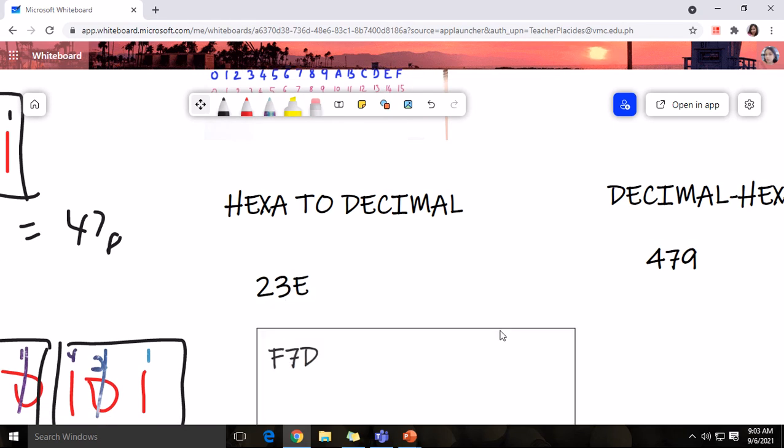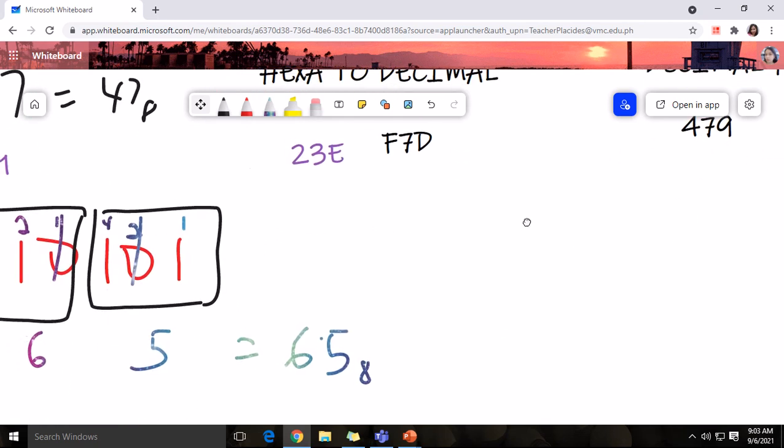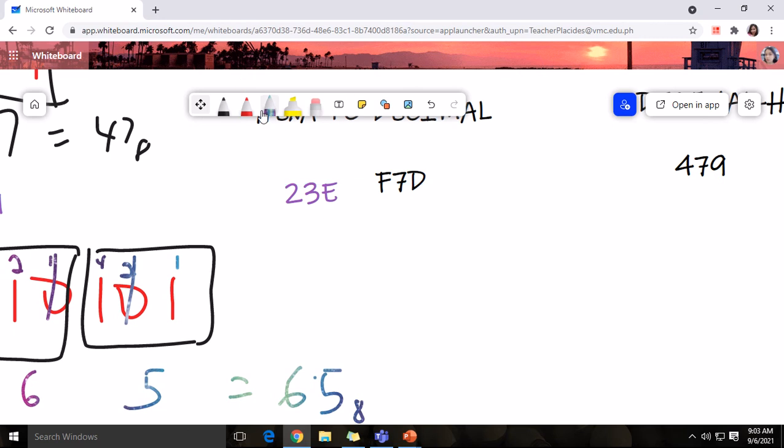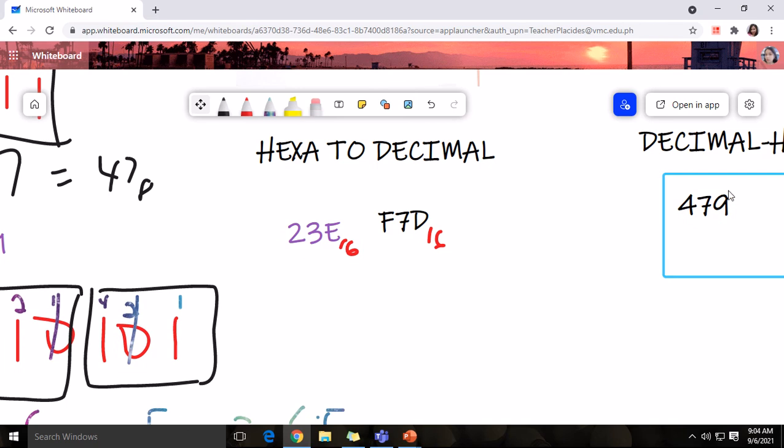So how to compute this one? Let's say number 1, which is 23E in base 16. All you have to do is convert the hexa to decimal.